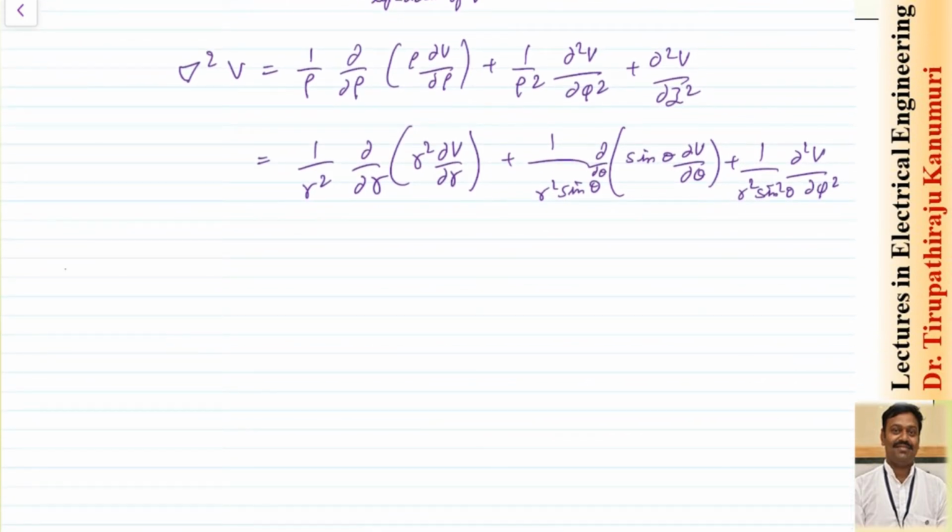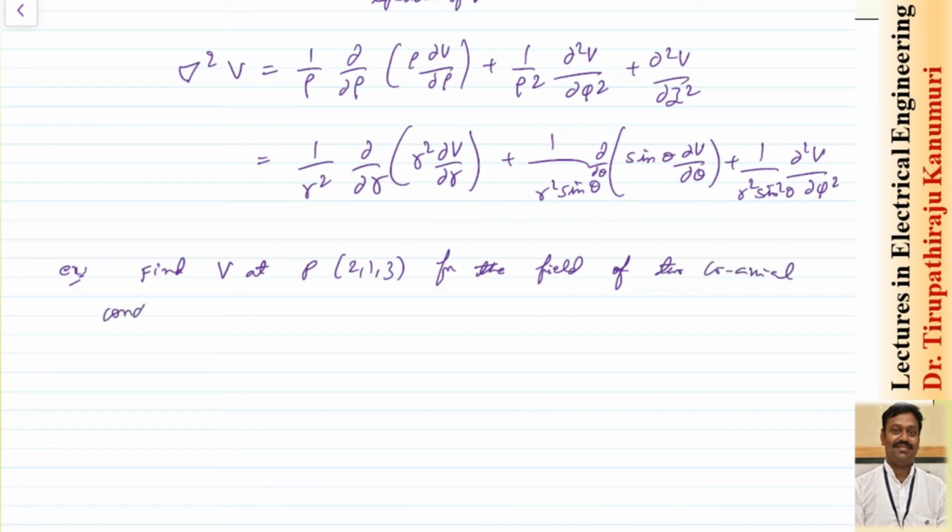So let us take one example so that how to apply Poisson's or Laplace's equation will be clear to you. It is asked to find the potential V at point (2, 1, 3) for the field of two coaxial conducting cylinders.